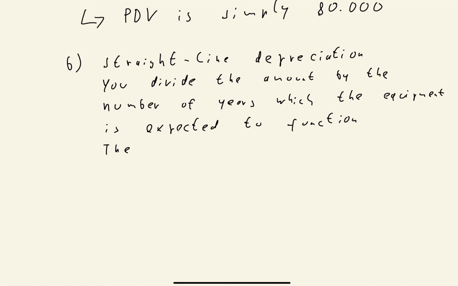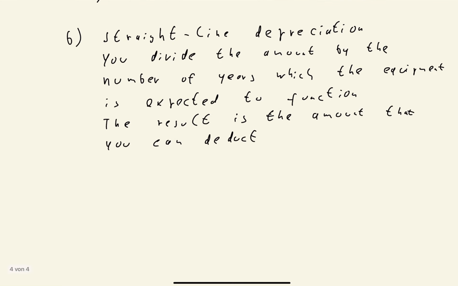The result is the amount that you can deduct each year over the next 5 years. Okay, so this is the straight line depreciation or the linear depreciation.